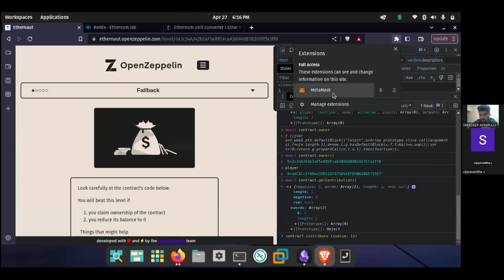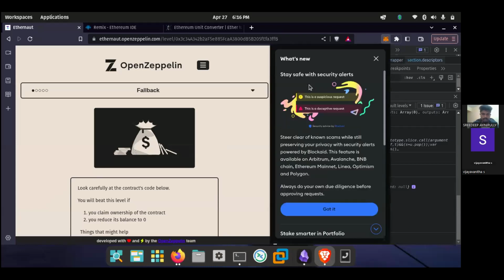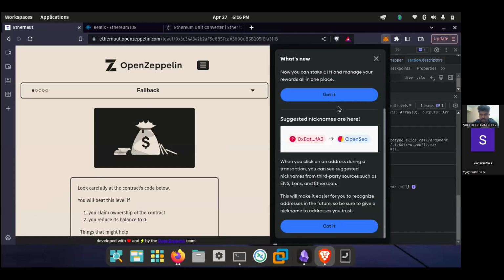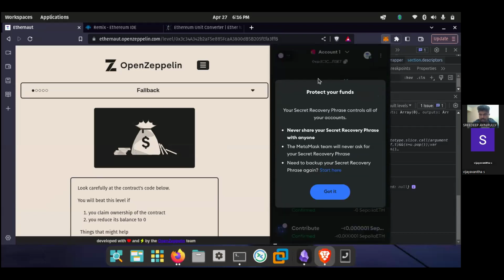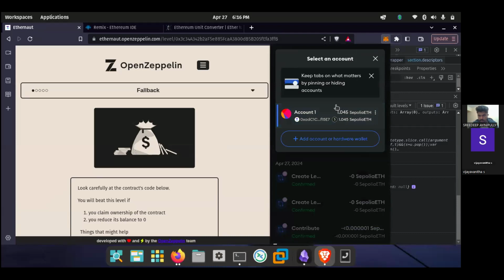I can show you here. This is a test network where people host their smart contracts just for testing this kind of thing. As you can see, my account is on the test network here.